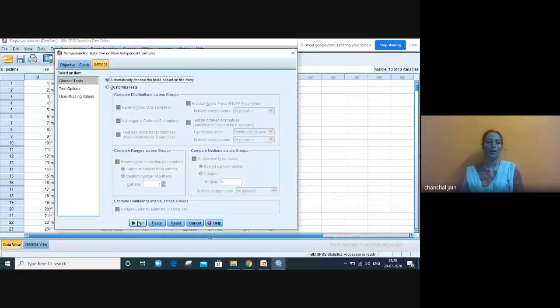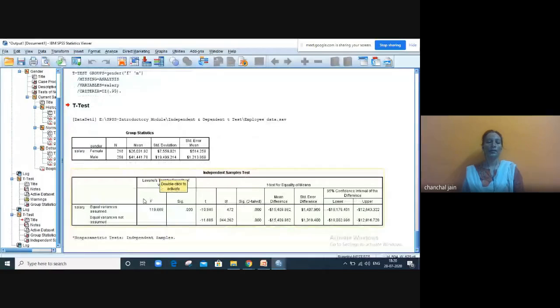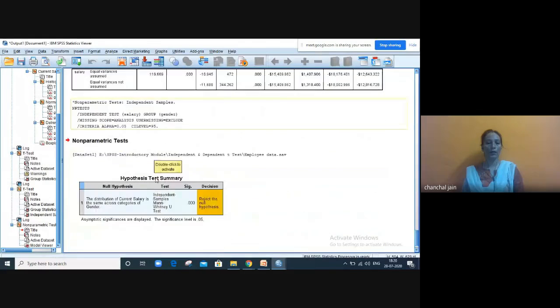Then click on Run. As you click on Run, SPSS will generate the output. You can see here, this is giving you the output for the Mann-Whitney U test, but no distribution is shown in the output.